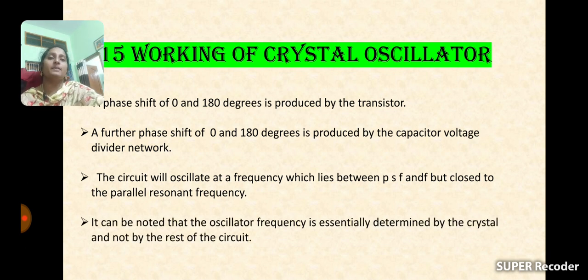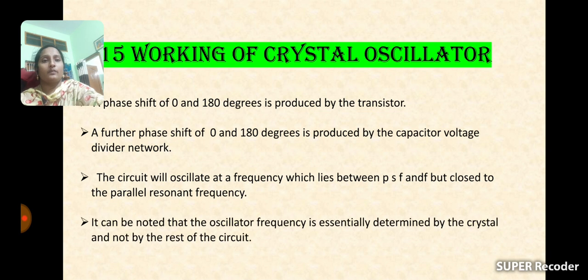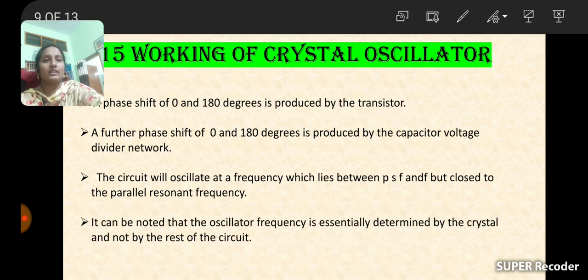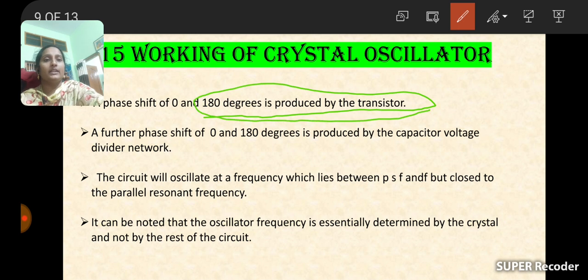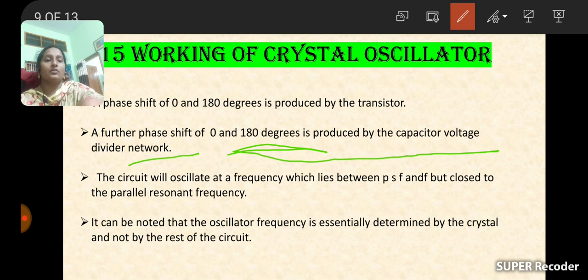Already it is also explained with the help of the diagram, but once you check the slide. See here, the total phase shift of 180 degrees is produced by the transistor, and a further phase shift of 180 degrees is produced by the capacitor voltage divider. How much total do we need? 360 degrees.